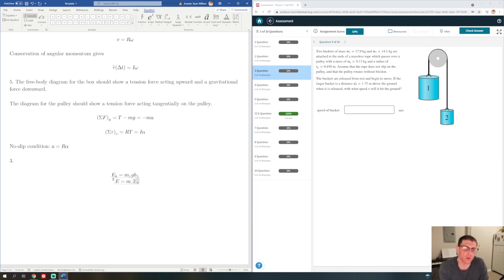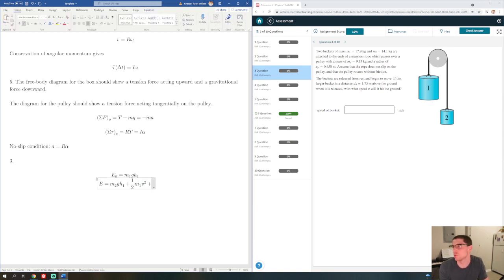So now here we have M2 g H1. And the larger bucket is going to have translational kinetic energy as it hits the ground. That is pretty much given to you in the way the question is asked. So we'll just say this is 1/2 m1 v squared.